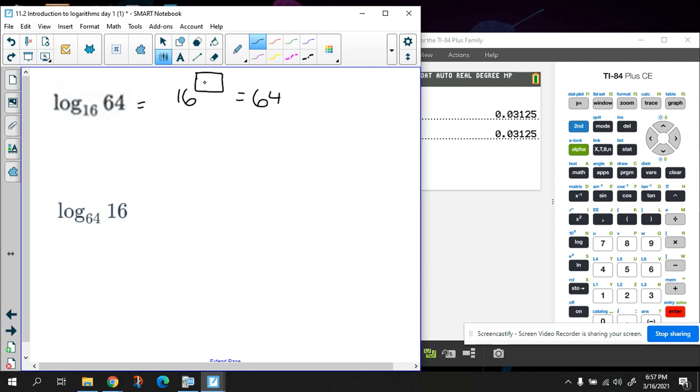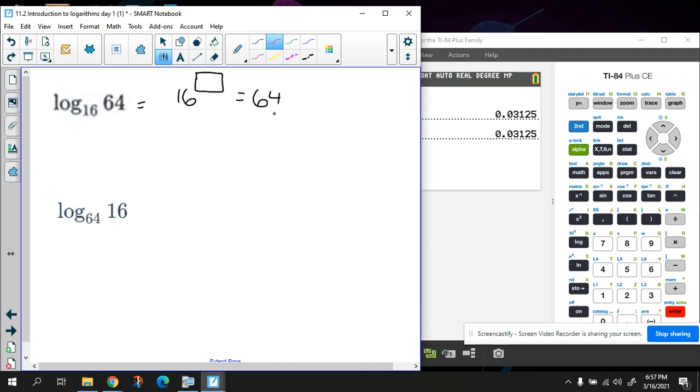It's not a 1, it's not a 2, it's not a negative 1, it's not a negative 2, because that would give me a fraction here. So it's going to be some kind of decimal. I need to think of a number that I can do some number to a power that makes 16 and that same number to a power that makes 64. I said that backwards, sorry.